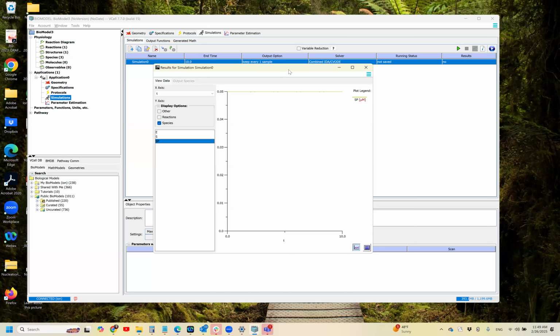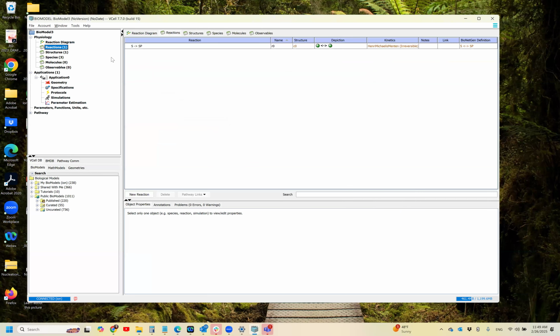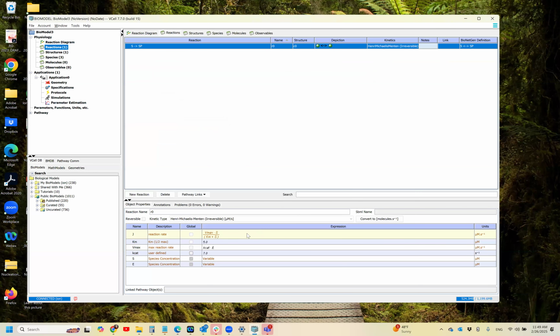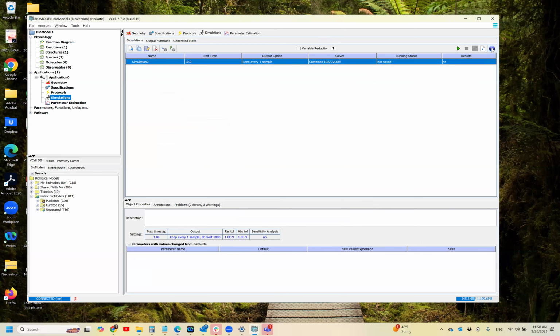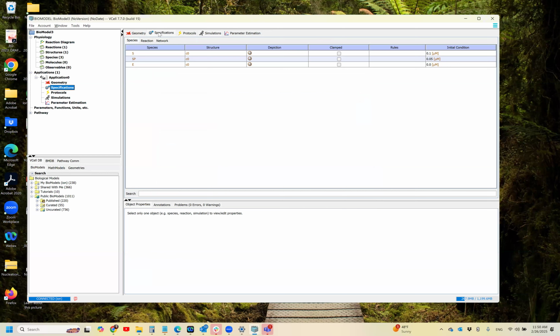Okay, what did I miss initializing here? Let's try this again. Maybe there's a bug. Oh, I did not initialize the enzyme.